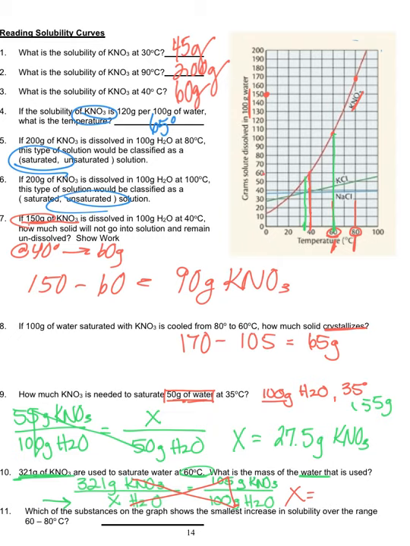Let's see, if you use your calculator, we go 321 times 100. Hit equals, because you know I like the equals button. And then divide that number by 105. That comes out to 305.7 grams of water.